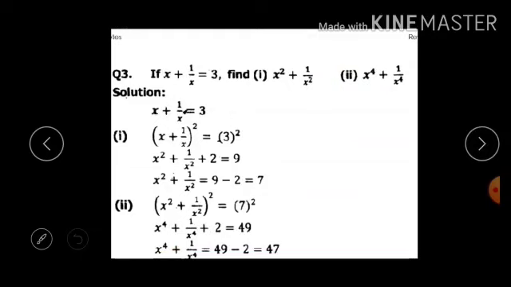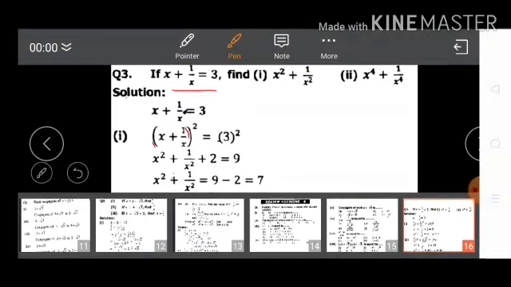Question number 3. If x plus 1 upon x is equal to 3, find A part x square plus 1 upon x square and B part x raised to power 4 plus 1 upon x raised to power 4. Solution: x plus 1 upon x is equal to 3. We have been given this, so we can take a square on both sides.